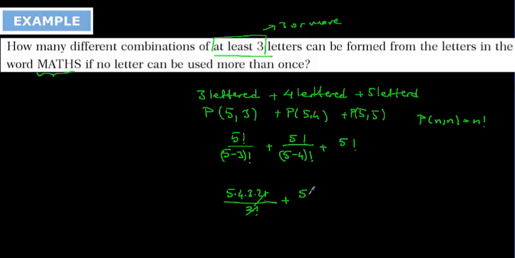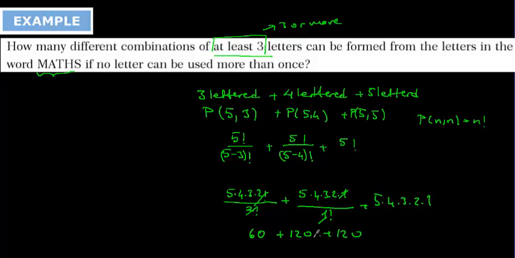The next is 5 times 4 times 3 times 2 times 1 factorial over 1 factorial, which is equal to 1 also. 5 times 4 is 20, times 3 is 60, times 2 is 120, and 5 times 4 times 3 times 2 times 1 gives the same result, 120. So 120, 120, 120 makes 240, and plus 60, that's going to make 300.